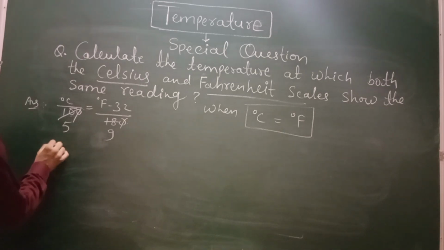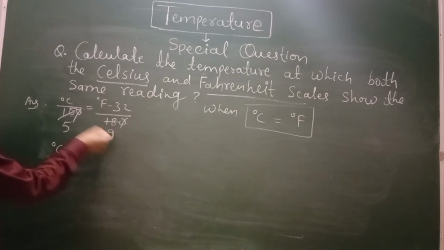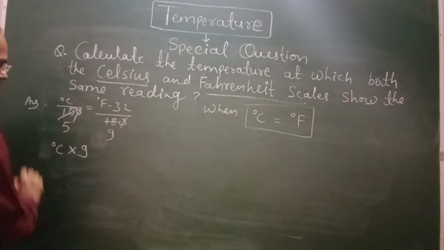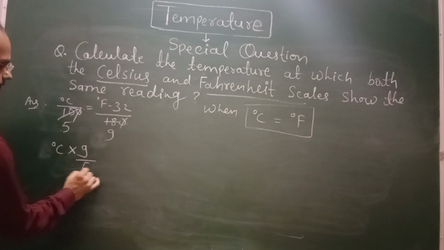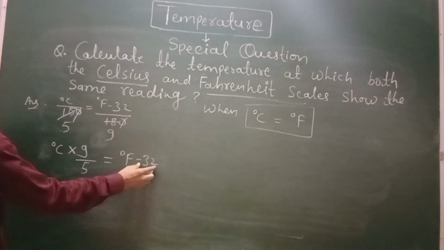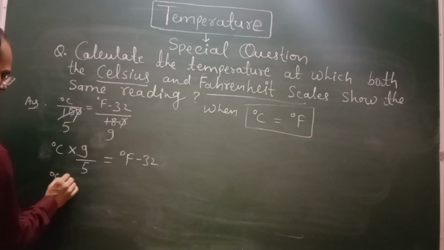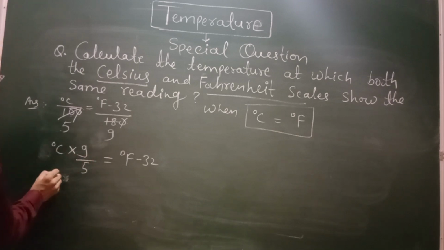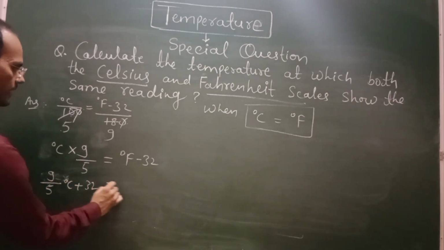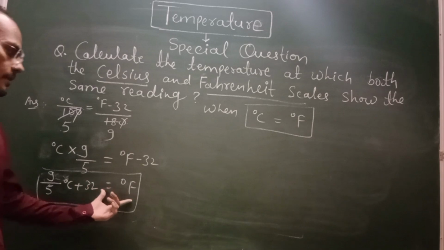Okay, now degree Celsius multiplied by this value; when we bring this to this side, it is multiplied by degree Celsius, divided by 5. Clear? And degree Fahrenheit minus 32, and when we bring minus 32 to this side, it makes the plus. So we can also write it this way: 9 divided by 5 degree Celsius plus 32 is equal to degree Fahrenheit. So this relation comes.